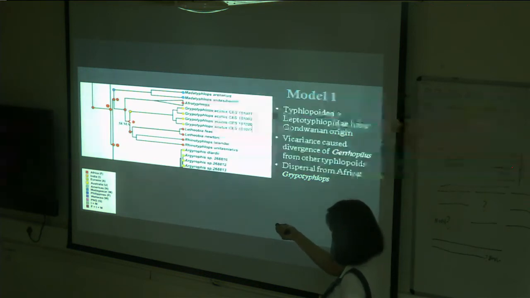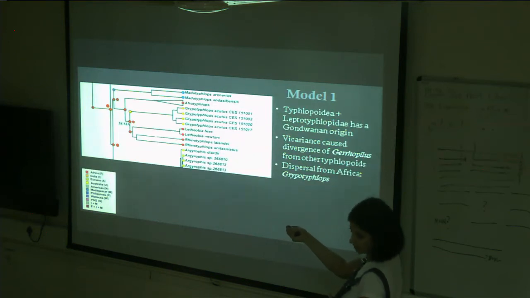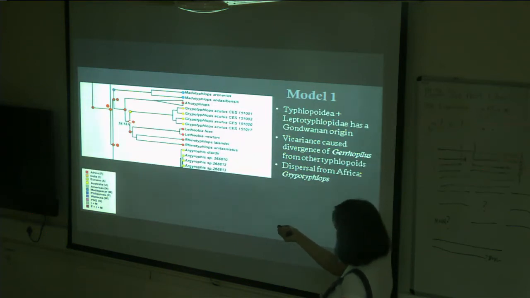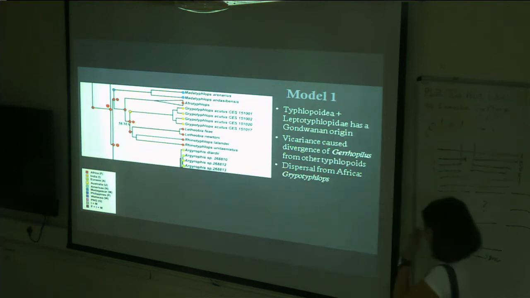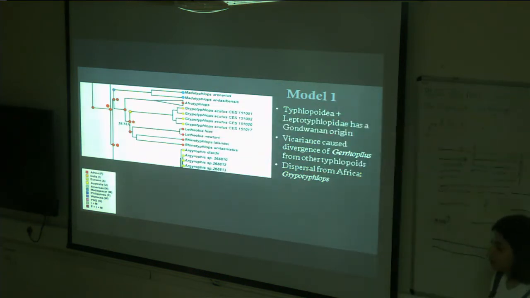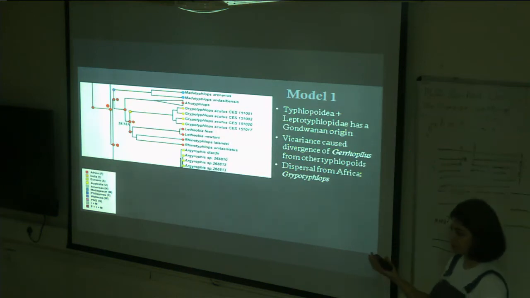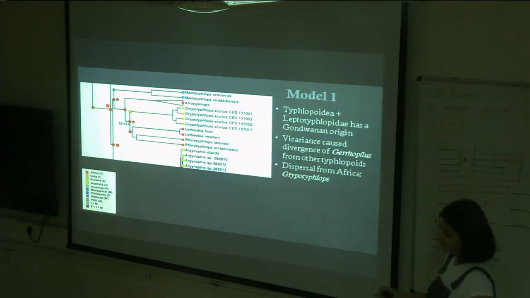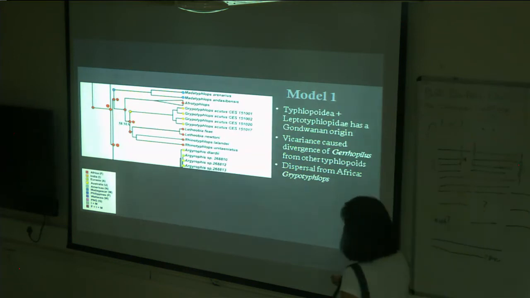So the ancestral area for that node is very clearly Africa, not a combination of India and Africa. And it shows a jump dispersal from Africa to India. And around 58 million years, India was sort of drifting northward. It was sort of in between Africa and Asia. So it looks like Grypotyphlops was a result of a pretty long jump dispersal.